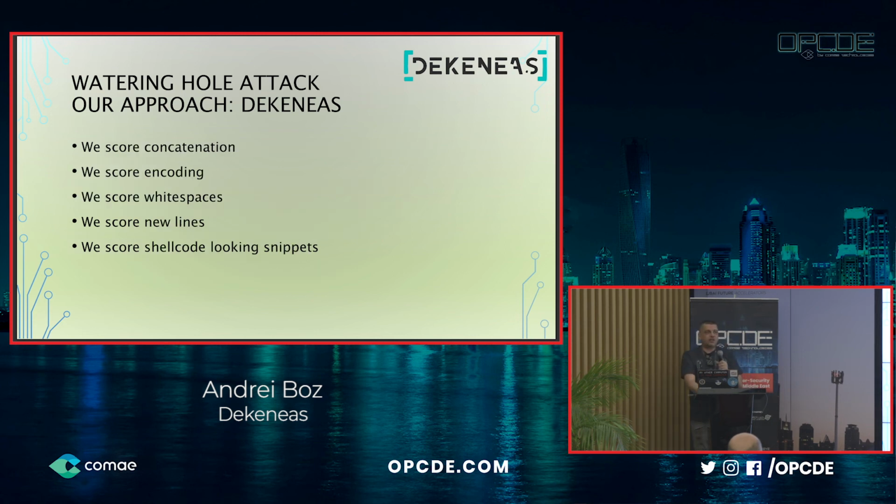Also, we score certain other features that we have seen in the malicious JavaScript, such as concatenation. We also score encoding of payloads, as we have seen earlier. There was one encoded with hex, etc. We also score white spaces because in malicious JavaScript, there are not so many white spaces, but in legitimate JavaScript, usually there are a lot of white spaces because this is one of the ways the JavaScript should look.